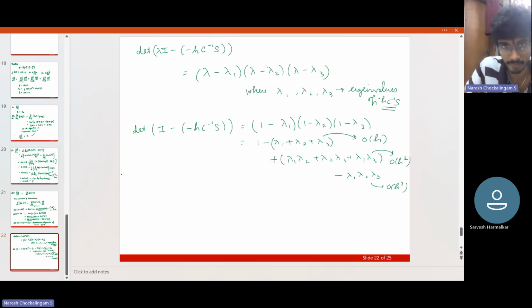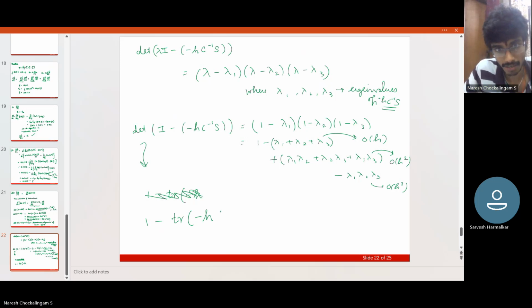Therefore, this term is nothing but 1 minus the sum of the eigenvalues, but the sum of the eigenvalues is the trace. So this one is 1 minus trace of minus h C inverse S.